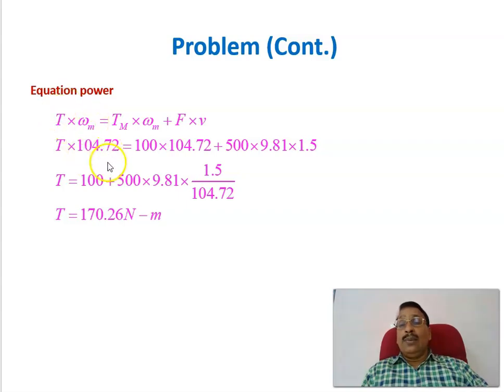T into 104.72 equals Tm, given as 100 Newton meter, into 104.72 radians per second, plus the mass 500 kilogram into g, which gives the force F, into velocity 1.5. Equating this, you will get the equivalent torque equal to 170.26 Newton meter.